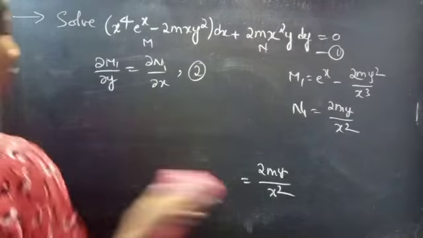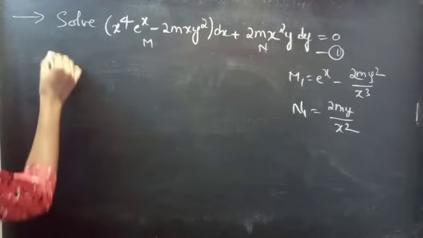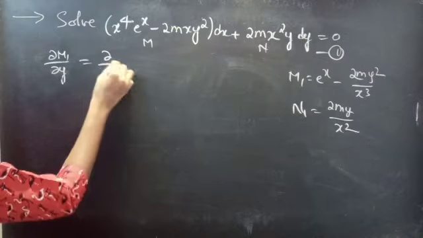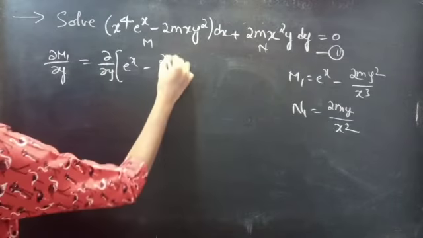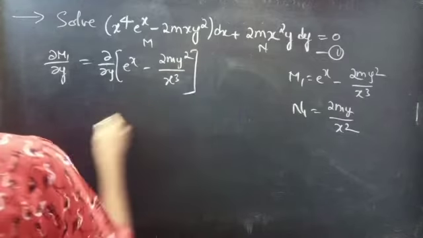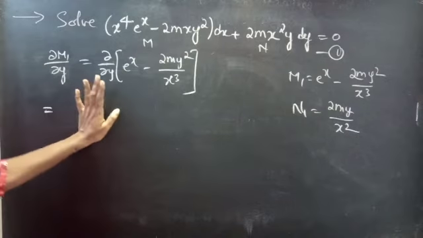Firstly, we'll find the partial derivative of M1 with respect to y. Partial derivative of M1 with respect to y is dou by dou y of (e power x minus 2my square by x cube). Since we are doing the partial derivative with respect to y, x will be treated as constant.